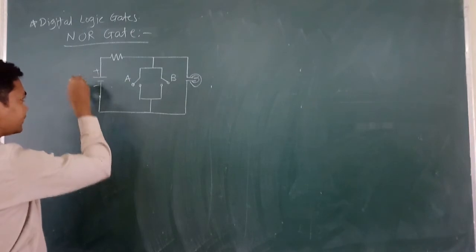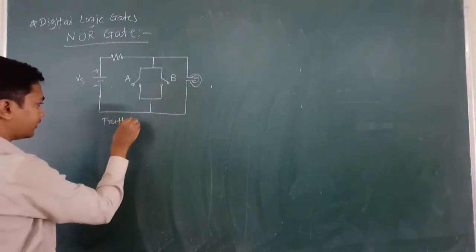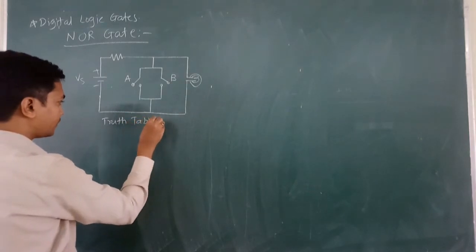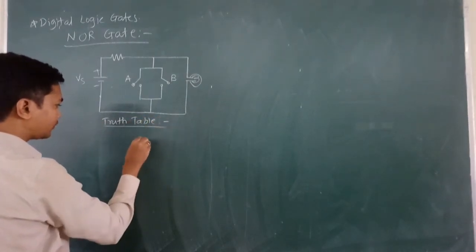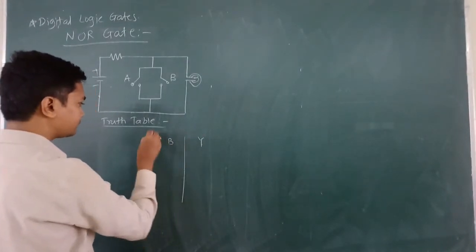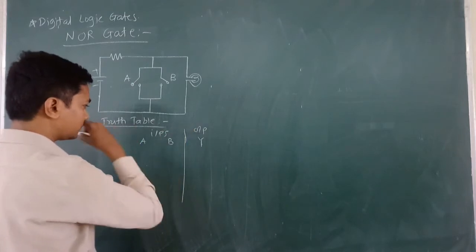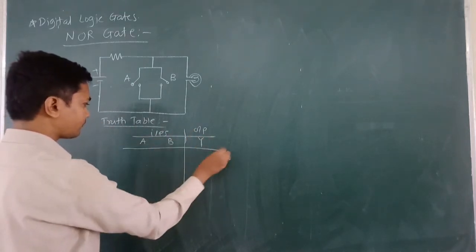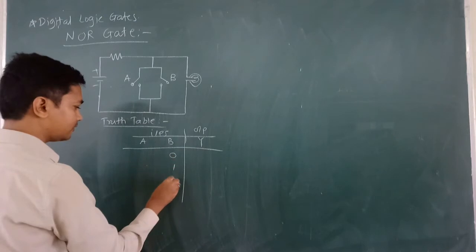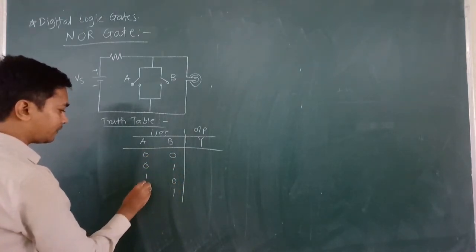Now see the operation. Truth table of NOR gate. So inputs A, B and output Y. Inputs and output. Now 0, 1, 0, 1, starting from the right side, then two times 0, two times 1.